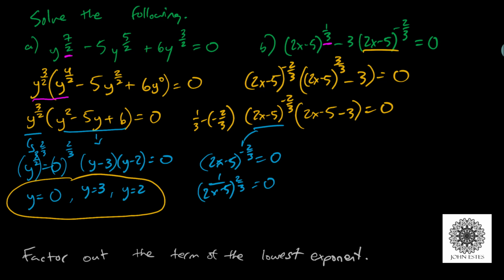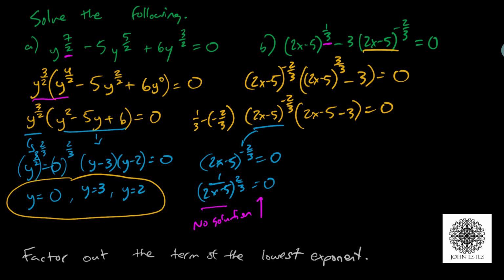So we have a 1 in the numerator and something in the denominator. For what value of x is that thing going to equal 0? It never will, because there's no variable in the numerator, so the numerator can never be 0. And if the denominator is 0, that makes this thing undefined. So there's no value of x that will make this 0. We have no solution from this portion.